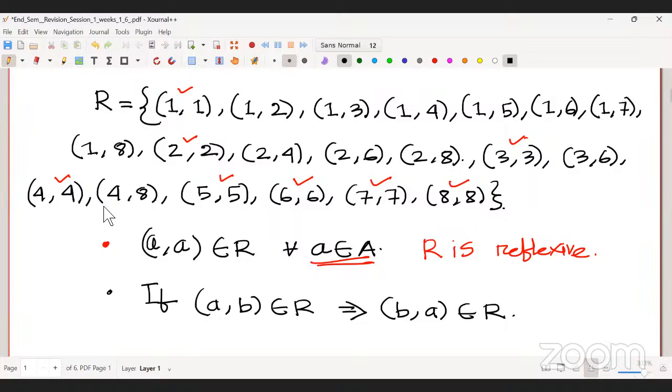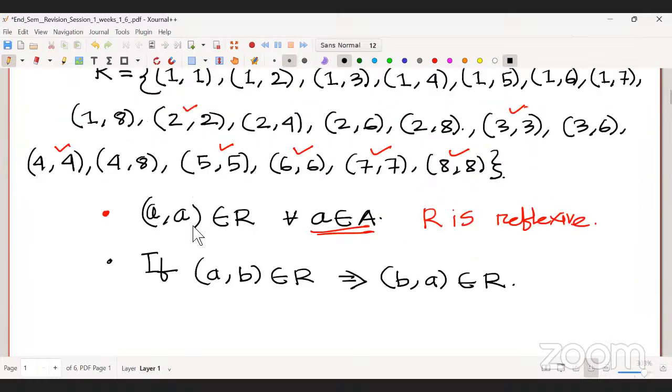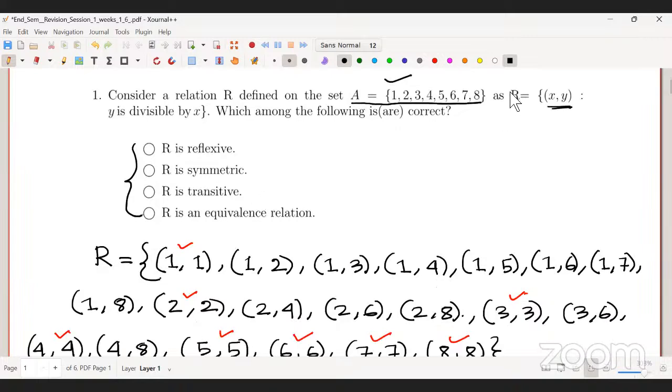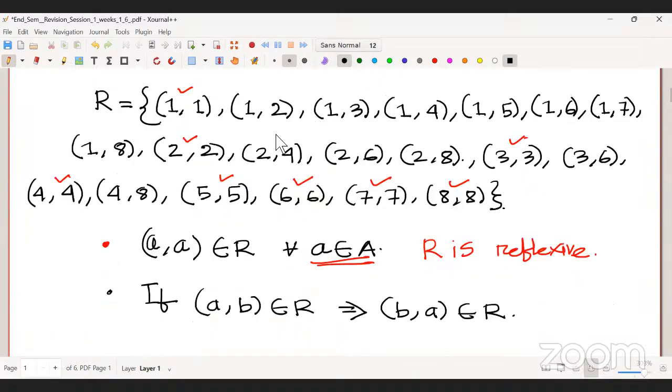In general, if you see a tuple a comma b where y is divisible by x, that doesn't imply that x is also divisible by y. Let's say you pick this pair 1, 2.